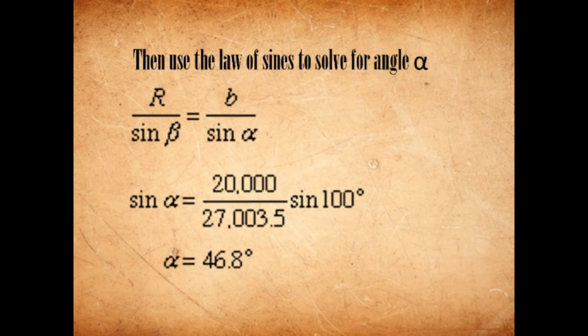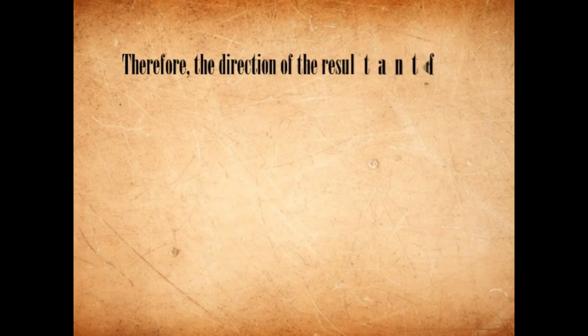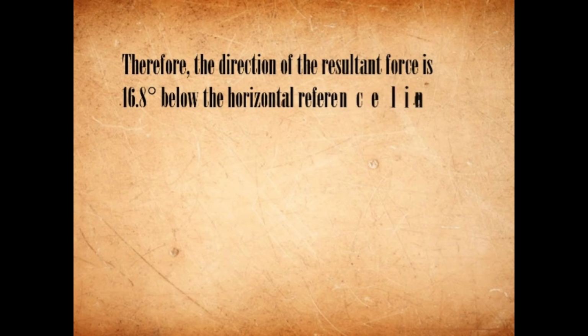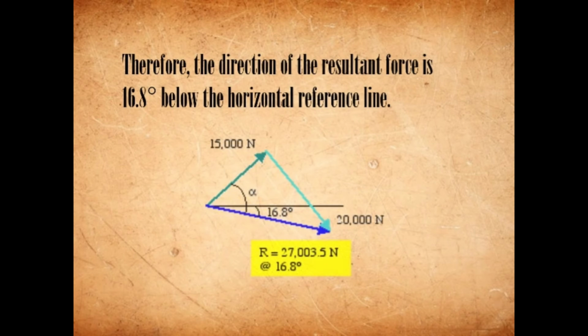Alpha will be 46.8 degrees. Therefore, the direction of the resultant force is 16.8 degrees below the horizontal reference line.